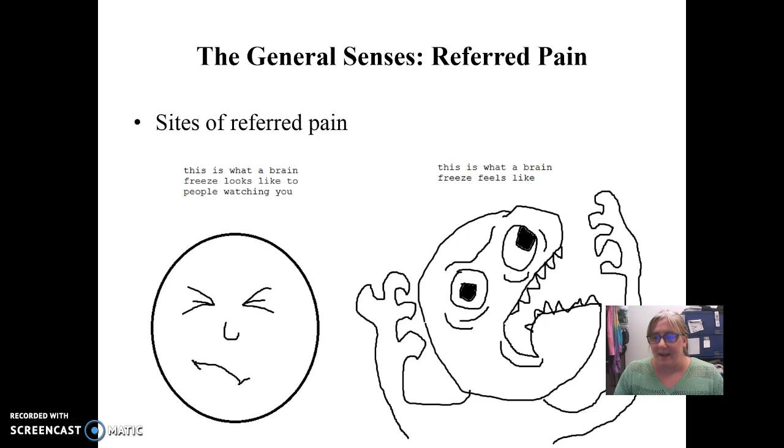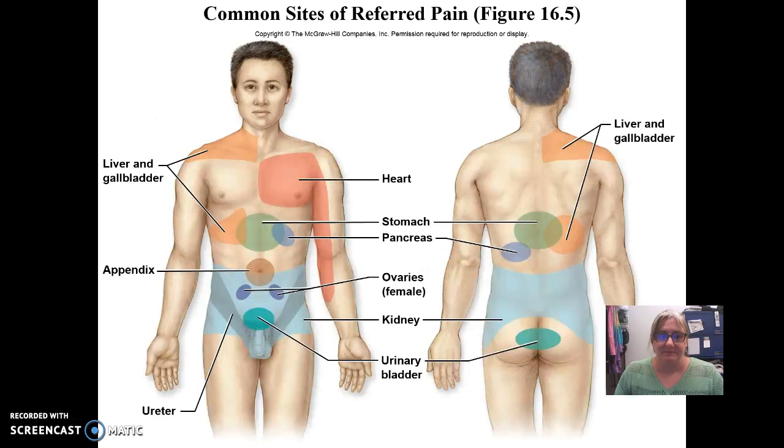And this is my favorite little picture showing brain freeze, which I talked about. So these are different sites where we have referred pain. Our gallbladder is here, but we often feel pain in our neck, our shoulder, and right along our back, our upper back. So very painful. I've had my gallbladder out.